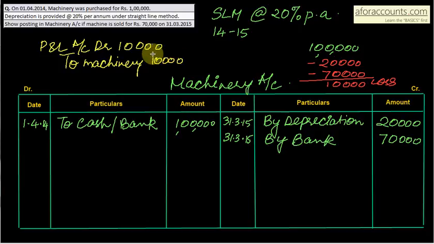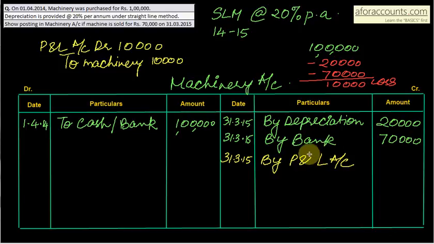If it is a profit, it will be machinery account debit to profit and loss account. But here in this case it is a loss. So on 31/3/15, profit and loss account debit to machinery, by profit and loss account.